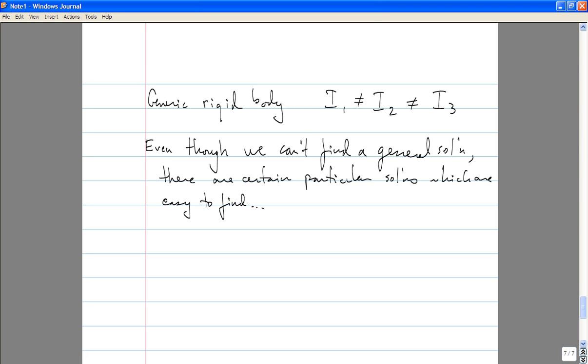So the equations of motion say that I1 omega 1 dot plus omega 2 omega 3 (I3 minus I2) is equal to 0. I2 omega 2 dot plus omega 1 omega 3 (I3 minus I1) is equal to 0.